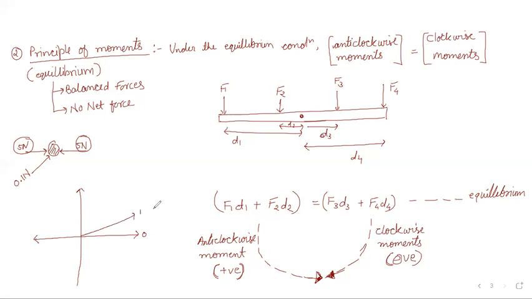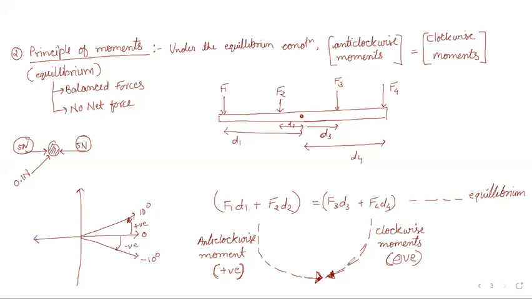This is 10 degrees. Minus 10 degrees, we draw like this. This is minus 10 degrees. So this side is positive, this side is negative, and that's what we have done here.